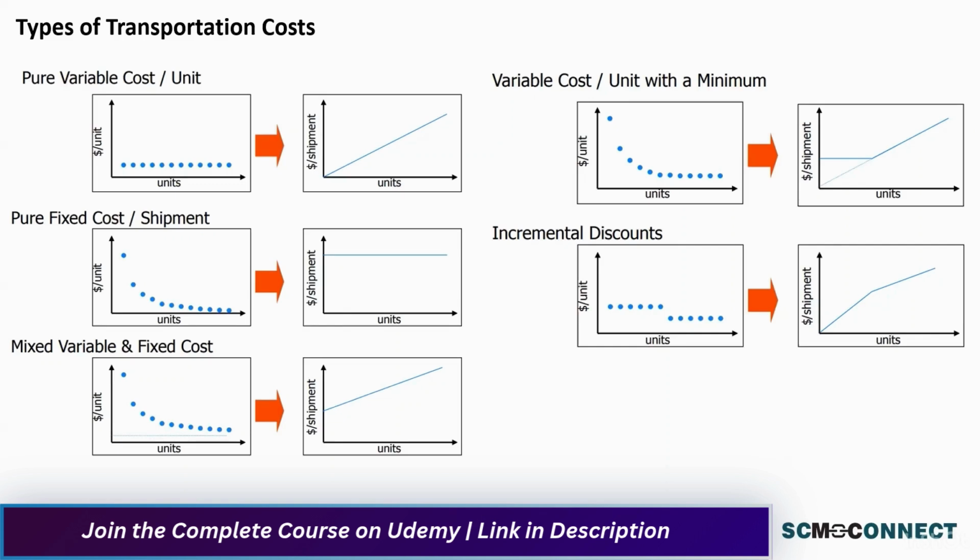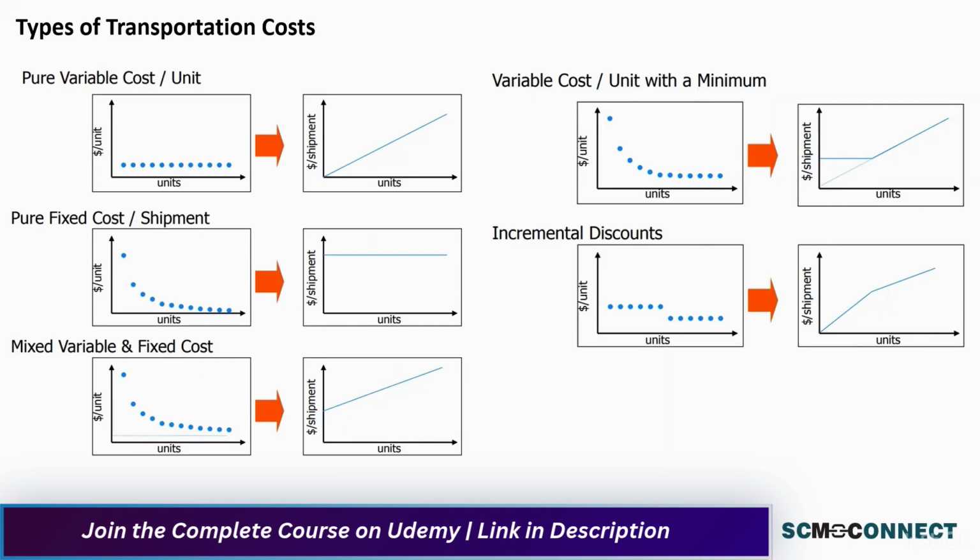And per shipment, again, it is a linear function. So, 100 rupees per shipment. If you have more units, your dollar per shipment will increase. Literally a linear function between dollar per shipment and number of units. If you ship 10 units at $10 per unit, you hit 100.